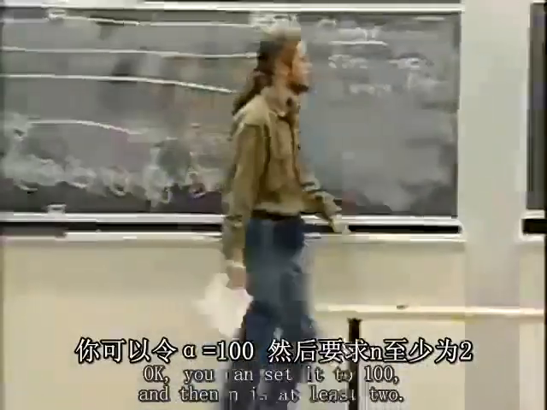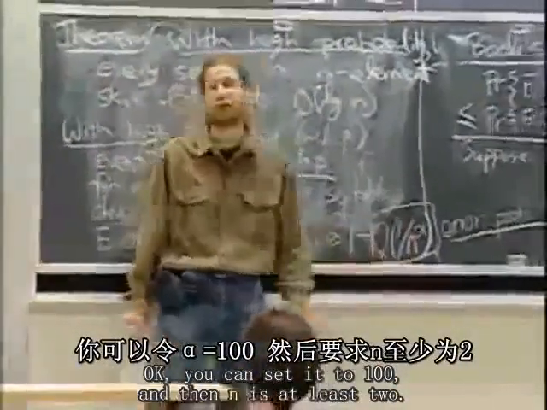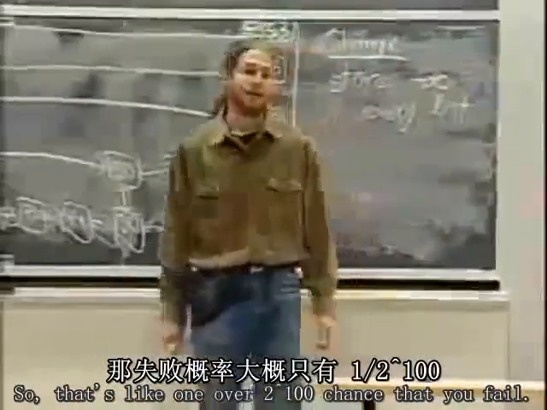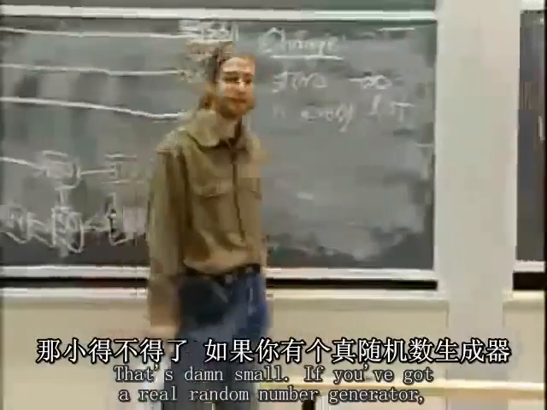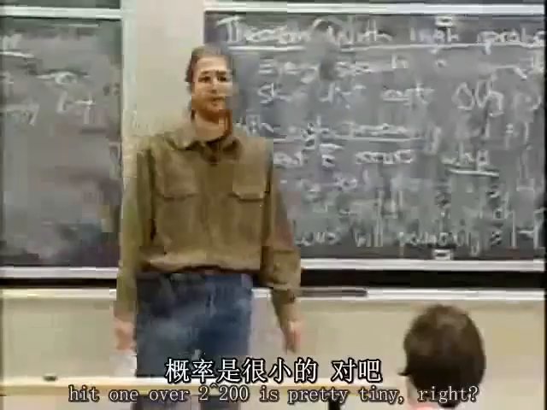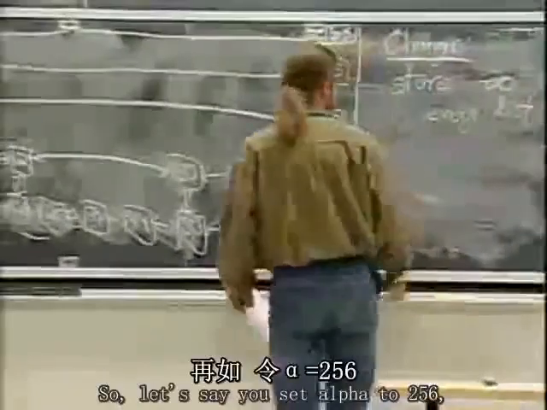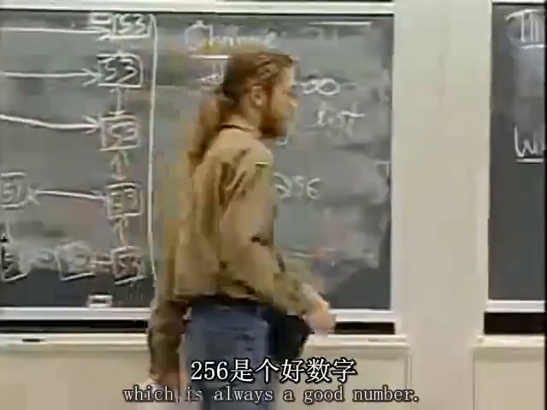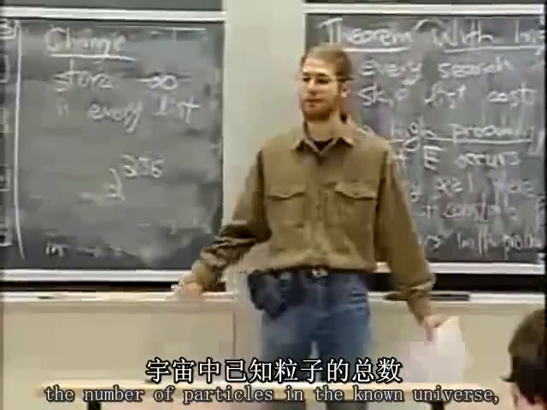Okay, so you can set it to 100, and n is at least 2. So that's like a 1 over 2 to the 100th power chance that you fail. That's damn small. If you've got a real random number generator, the chance that you're going to hit 1 over 2 to the 100 is pretty tiny, right? So let's say you set alpha to 256, which is always a good number. 2 to the 256 is much bigger than the number of particles in the known universe.